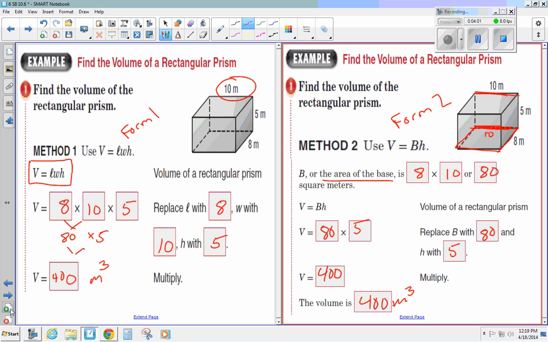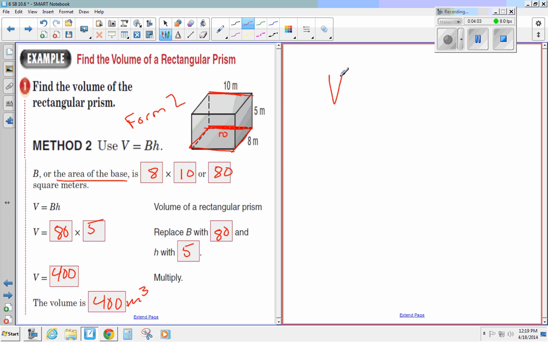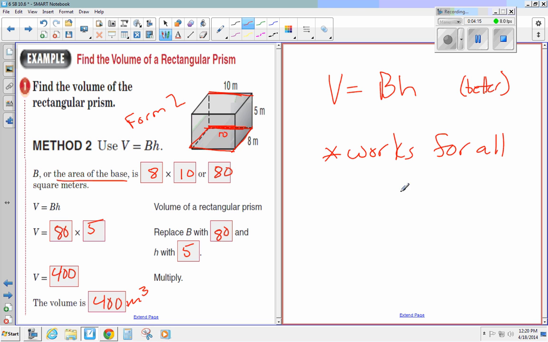Now, the reason this is better is that it works for all prisms. If you know the area of the base and the height, you can find the volume.